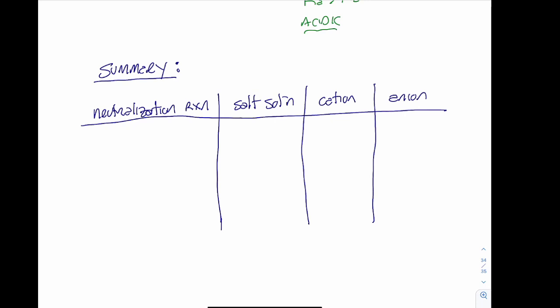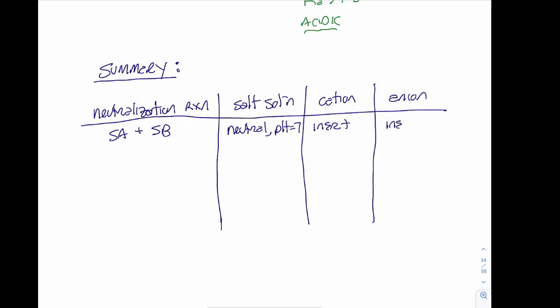So our first one will be strong acid, strong base. Our salt solution is going to be neutral, right? pH equal to 7. I didn't leave myself enough room for 0.00. My cation is inert, right? It's going to be a spectator ion. It's going to be neutral. It's not reactive, whatever sort of wording you want.